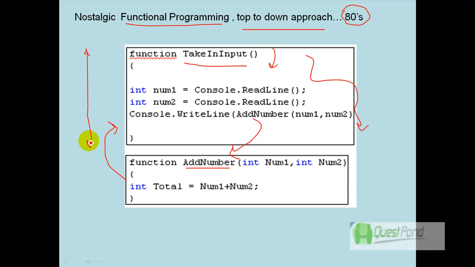But there were two big issues with functional programming. First was maintainability, or rather, understanding somebody else's code. For example, if I take up an old COBOL code or a C code and want to understand that program, it was really difficult because everything was in terms of functions. So you cannot really map to the real world and try to understand what's happening. That was the first problem.